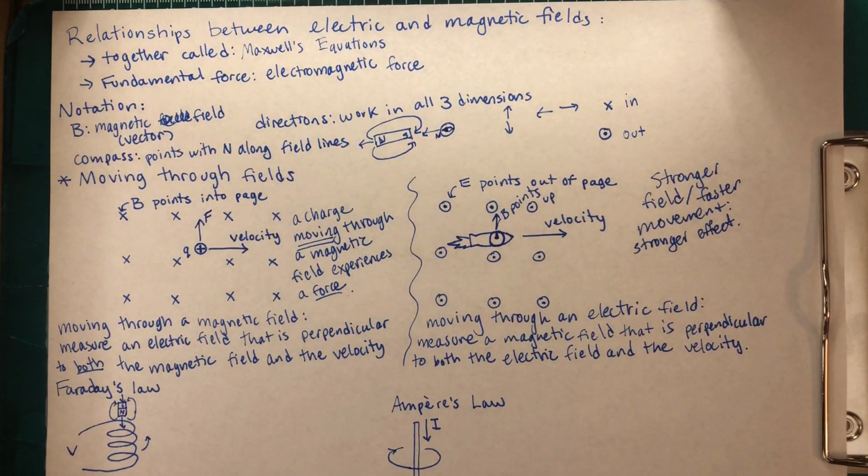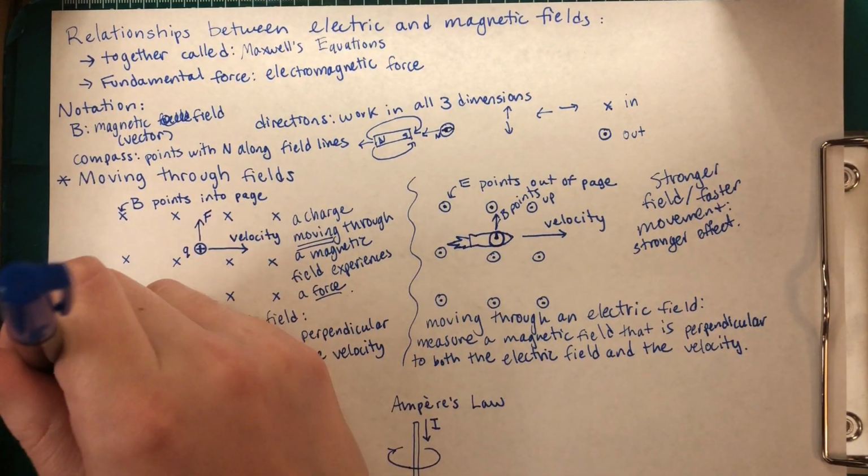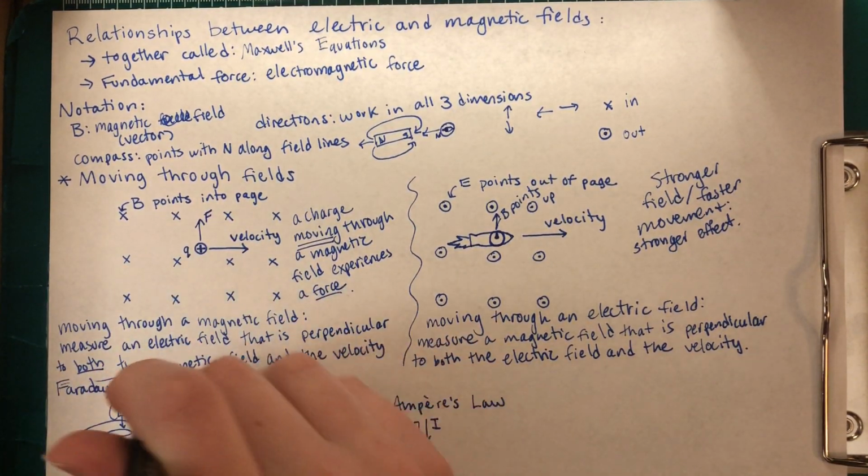All right, now we're going to go through one more set of relationships. It's closely related, pretty similar, but these ones will be a little more fun because I actually am able to physically demonstrate them for you. So we have Faraday's law.